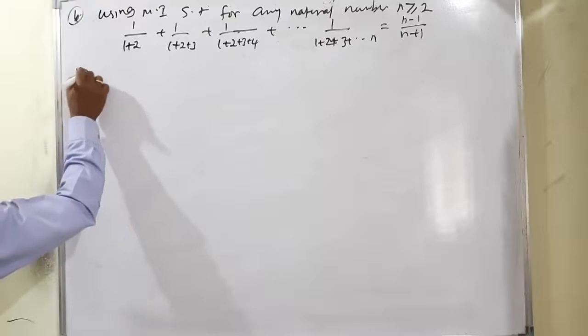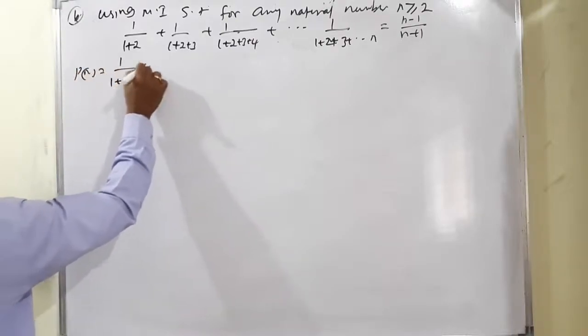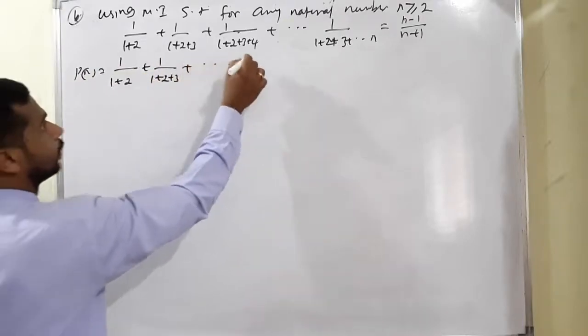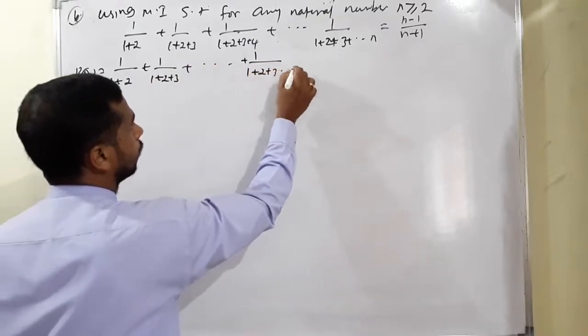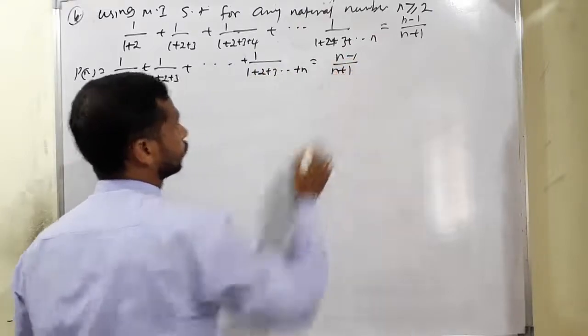First you have to consider P of n equal to 1/(1+2) plus 1/(1+2+3) plus dot dot dot plus 1/(1+2+...+n) is equal to (n-1)/(n+1).